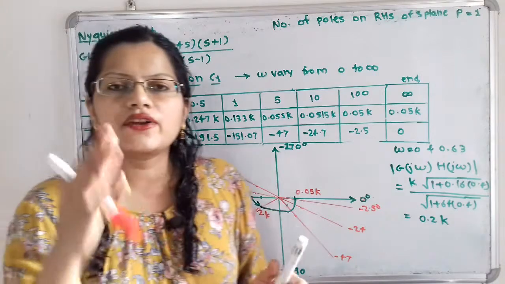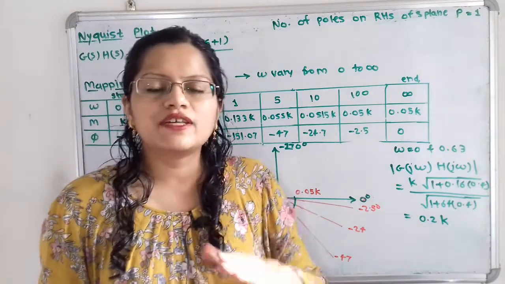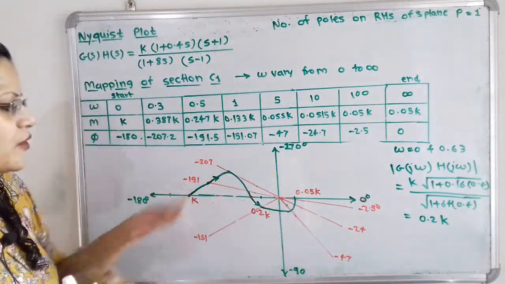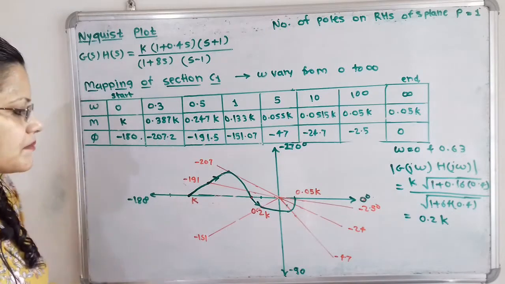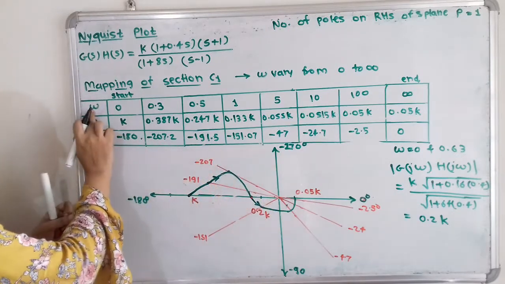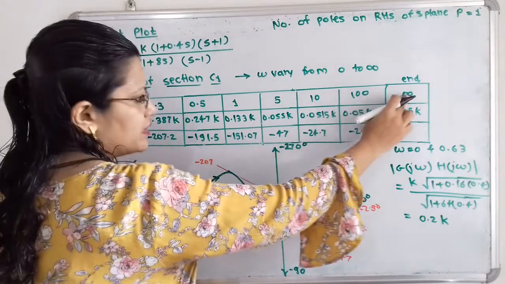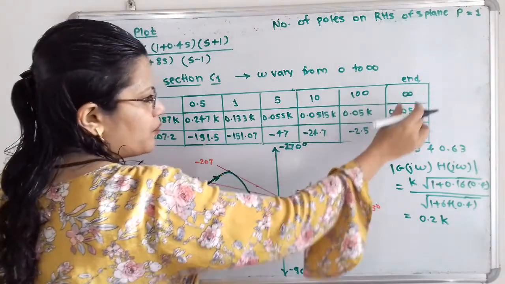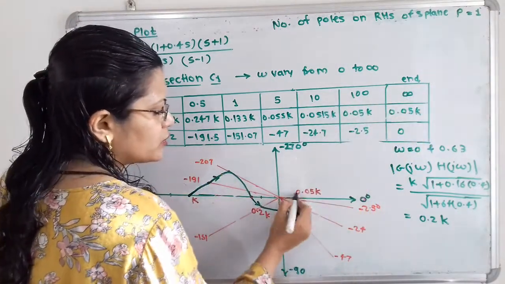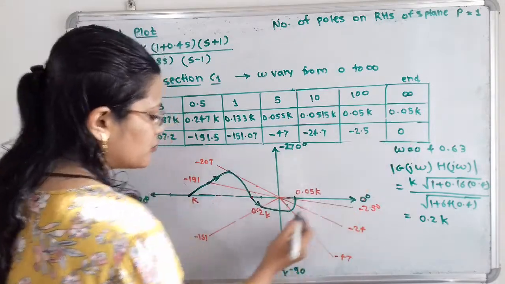Now we will draw the inverse polar plot. The inverse polar plot is the mirror image of this polar plot. If we observe, omega equal to infinity is the end point, at magnitude 0.05 K and angle 0 degrees.